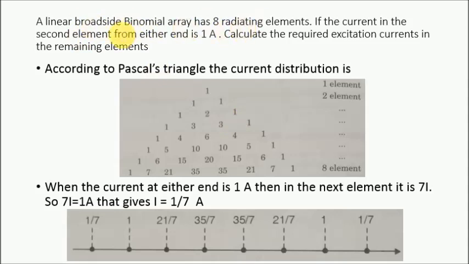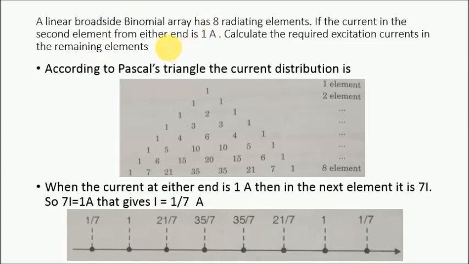Now see one example here, and you will understand how the binomial antenna or binomial array is designed. A linear broadside binomial array has 8 radiating elements. The current in the second element from either end is 1 ampere, which is given in the problem, and we calculate the required excitation current in the remaining elements.